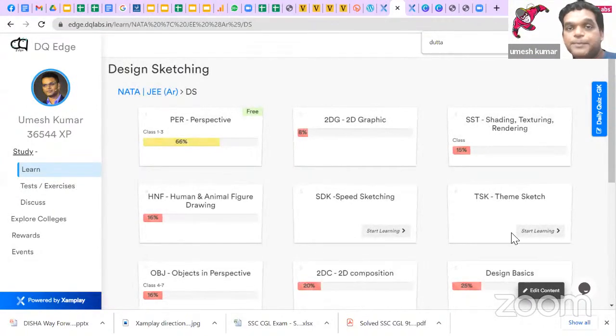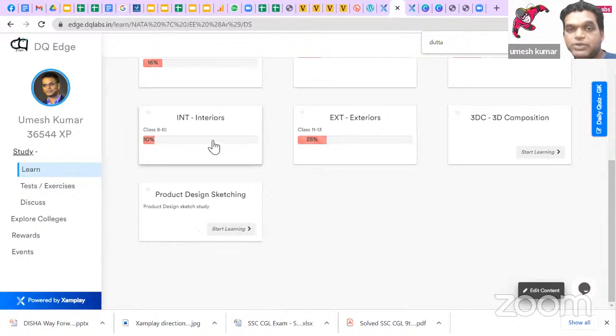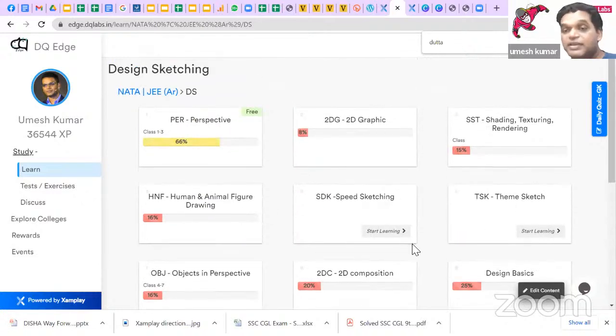These are the parts that you should be knowing: perspective, 2D graphic, shade texture rendering, human animal figure drawing, theme sketch, design basics, 2D composition, objects in perspective, interiors, exteriors, 3D composition, and product design sketching. These are all the topics that you should be familiar with, not only for Nata, JE, but also for your future.